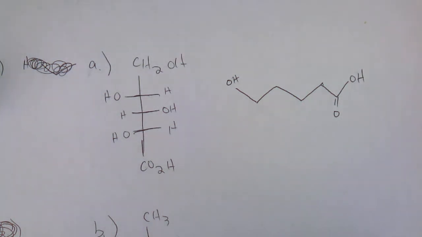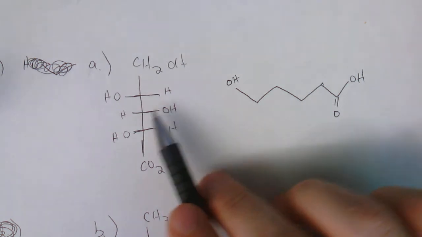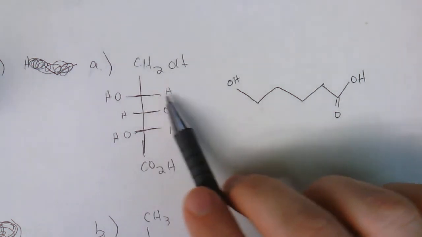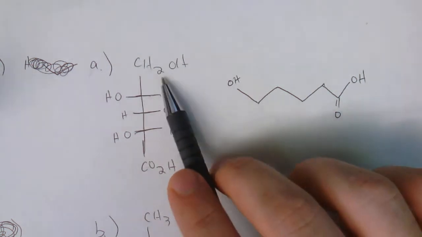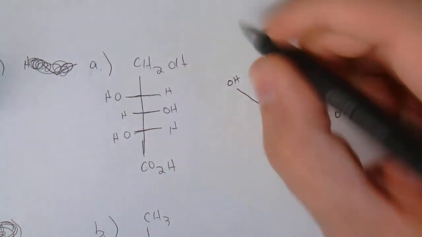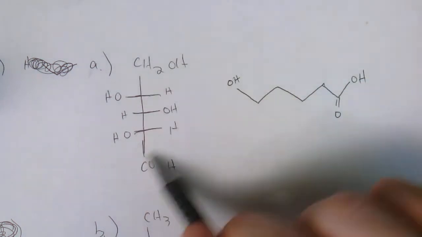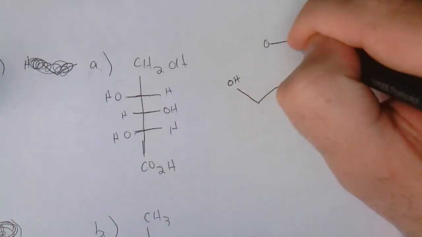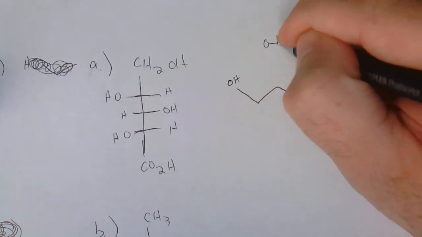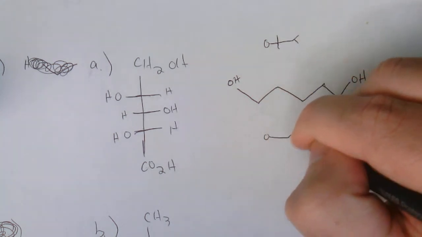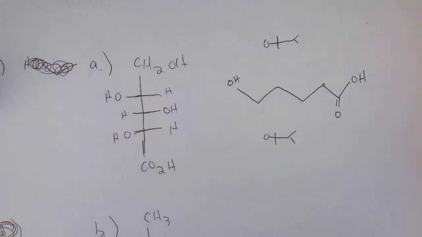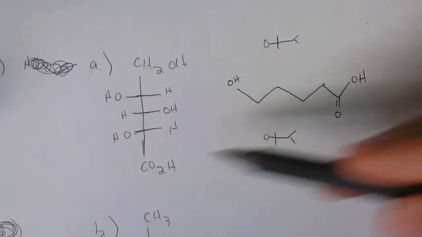So there's my molecule. And now I need to figure out where all of these groups go. So if I want to use my floating man perspective, remember your head needs to line up with the head of the Fisher projection. So here's my man above, and here's my man below. They both have to line up, the head with the head, and the feet with the feet.